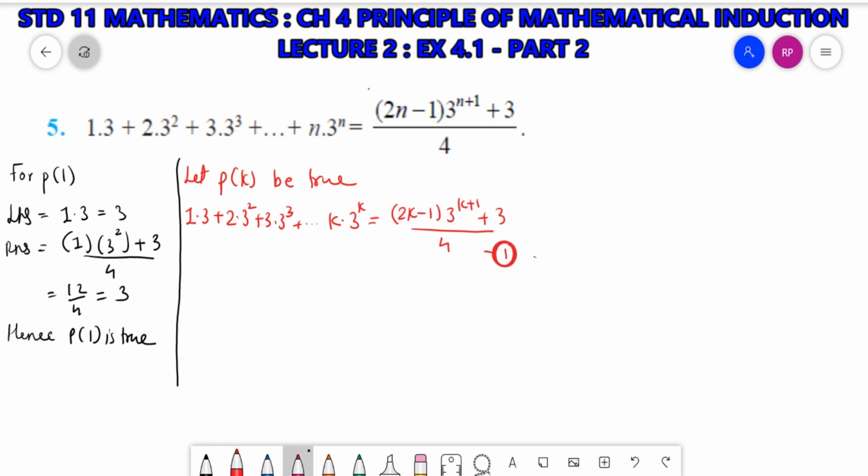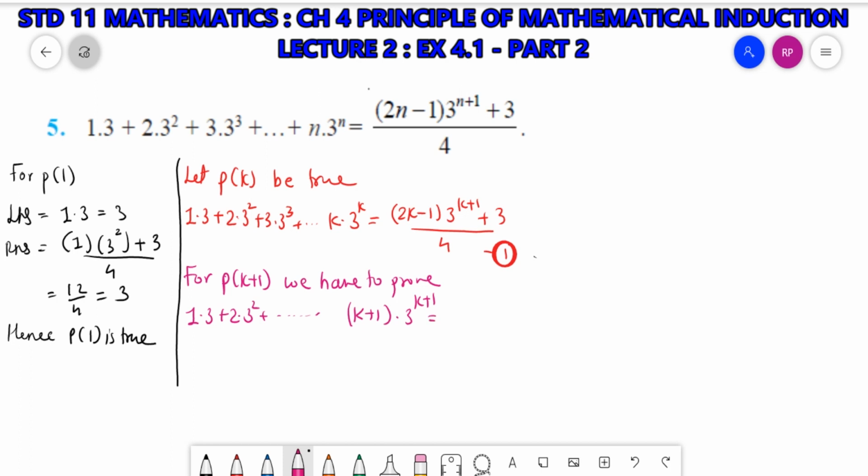Now for P of k plus 1, we have to prove, instead of n, I will use k plus 1: 1 into 3, 2 into 3 square up to (k plus 1) into 3 raised to k plus 1.